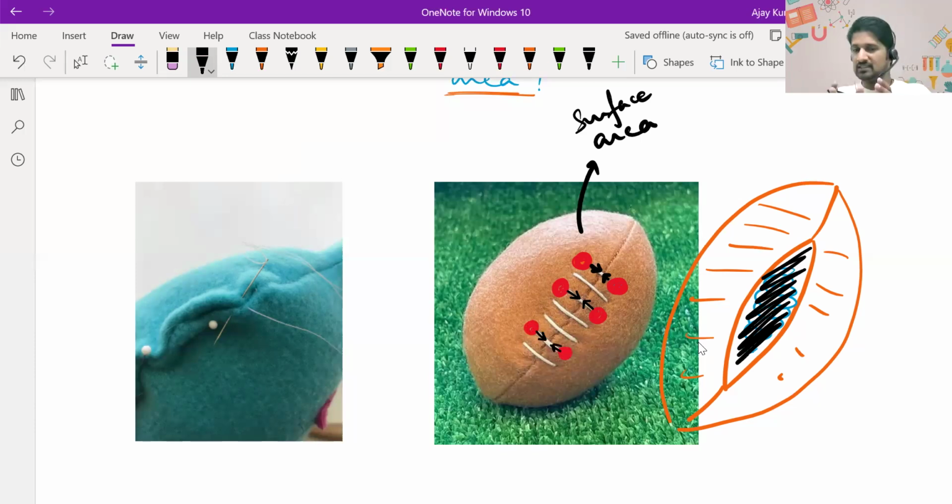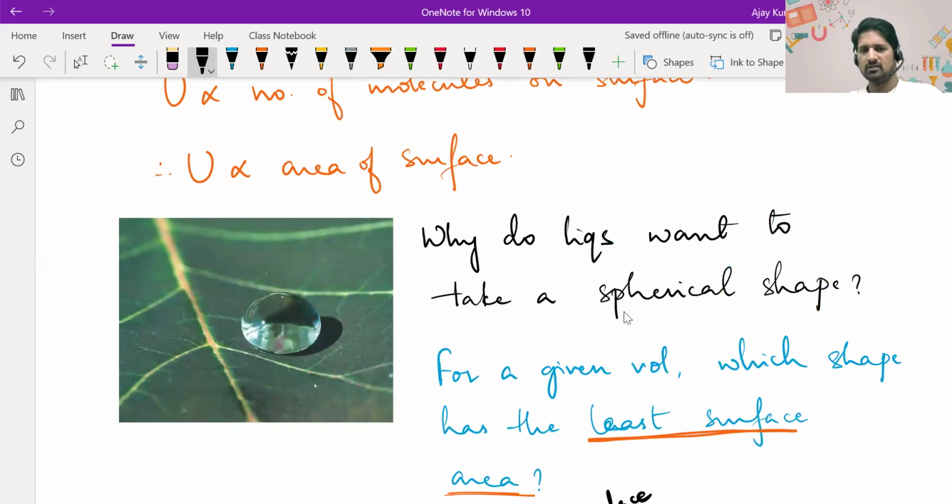So what are these stitches doing? These stitches are helping reduce the overall surface area of the ball. Ball, pillow, soft toy, stuffed toy, whatever it is. Had the stitches not been there, you would have seen some area exposed. Because of the stitches, the surface area is decreasing. Now, a liquid also naturally tends to decrease its surface area.